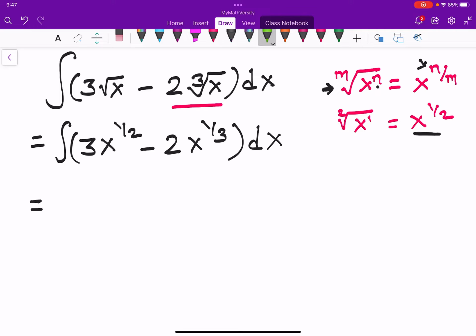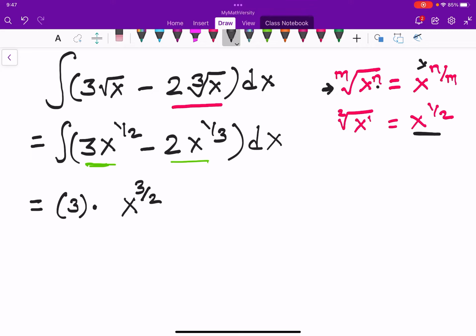Like I said earlier, find the antiderivative of the first term, and the antiderivative of the second term. For the first term we have 3 times x to the power 1/2, so its antiderivative is whatever is the antiderivative of x to the power 1/2, multiplied by 3. The antiderivative of x to the power 1/2 by the power rule: x to the power 1/2, but add 1 on the power, so 1/2 plus 1, which is 3/2.